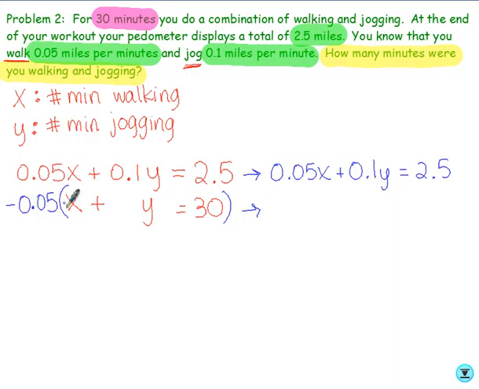Let's look at our new bottom equation. Negative 0.05 times x is negative 0.05x. Negative 0.05 times y is negative 0.05y. And in your calculator, negative 0.05 times 30 gives me negative 1.5.